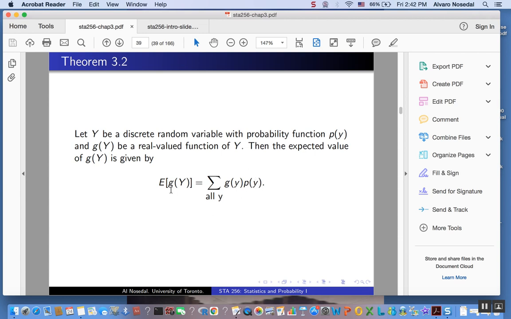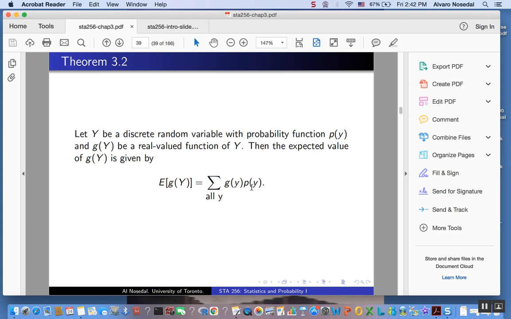Anyway, you can find this expected value of this transformation g of y using the probability distribution of the original random variable y, just multiplying the probability mass function of that original random variable y by the transformation for each of those values of y, and then you add them all up.